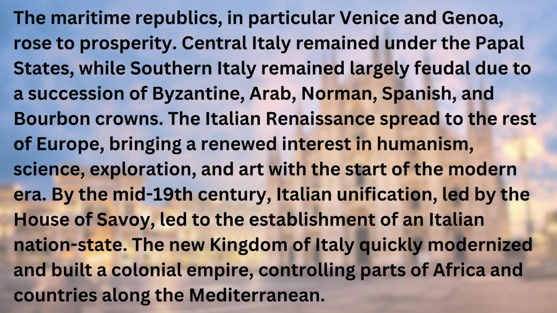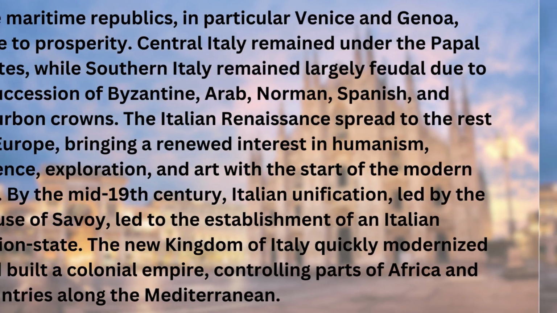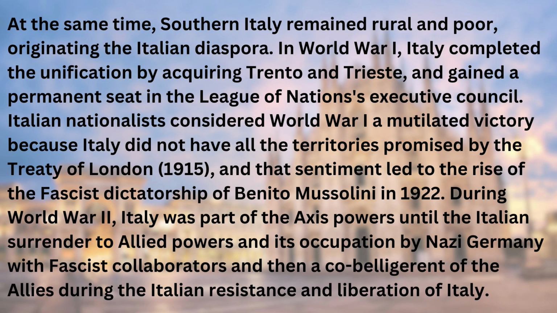By the mid-19th century, Italian unification, led by the House of Savoy, led to the establishment of an Italian nation-state. The new Kingdom of Italy quickly modernized and built a colonial empire, controlling parts of Africa and countries along the Mediterranean. At the same time, southern Italy remained rural and poor, originating the Italian diaspora.